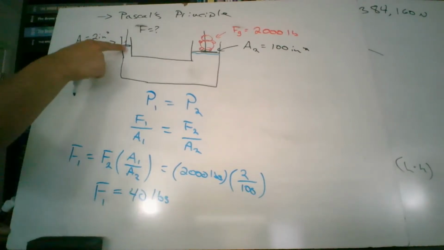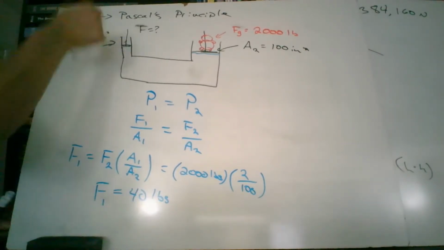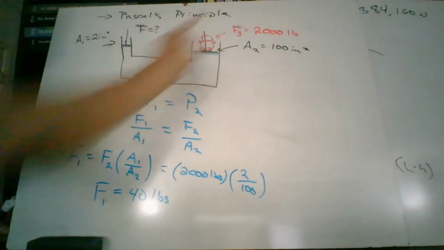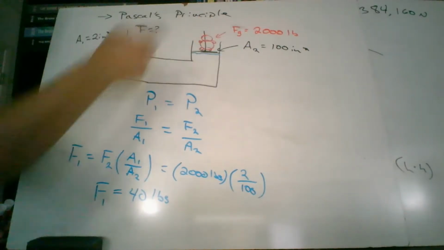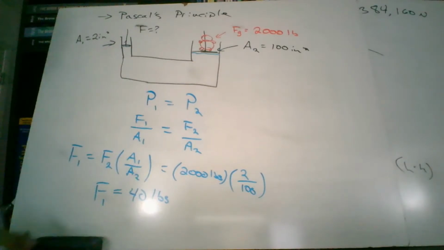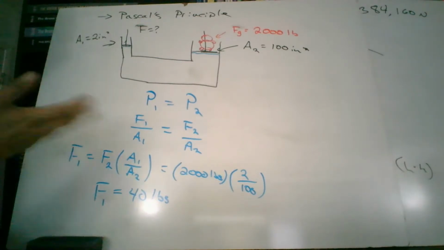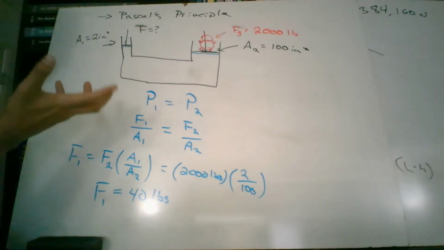So instead of having to put 2,000 pounds this way to get 2,000 pounds up this way, you only need to put 40 pounds down this way to get 2,000 pounds up that way. And that's how you get a car jack or any sort of hydraulic lift system, because of this principle right here.